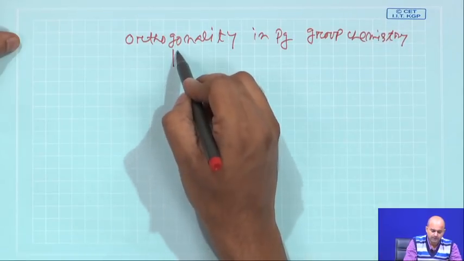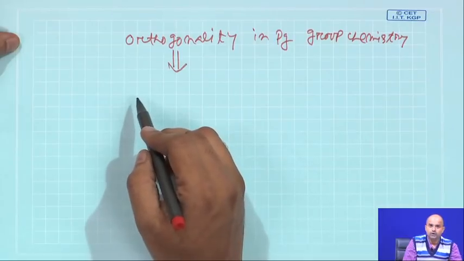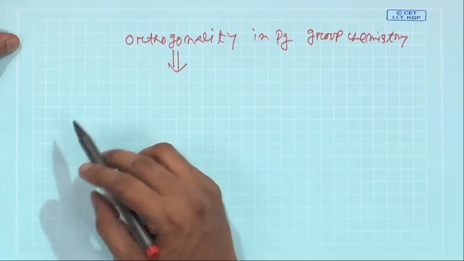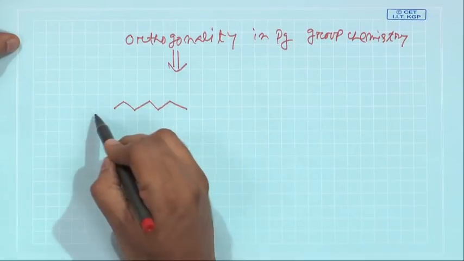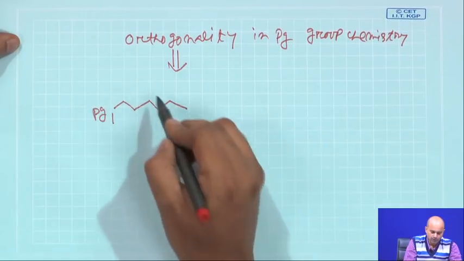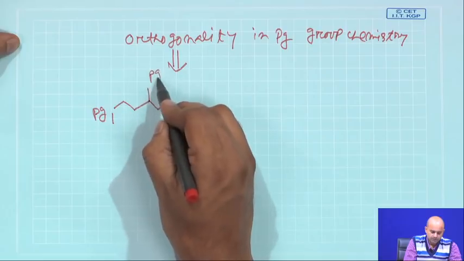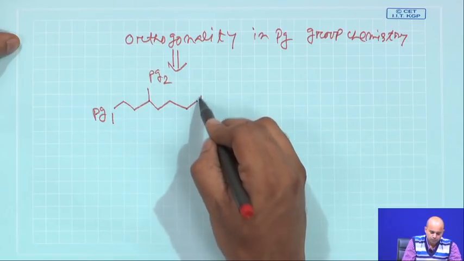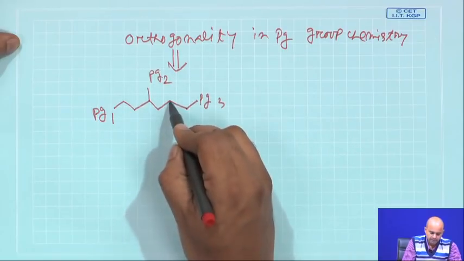This orthogonality basically means how you can manipulate different protecting groups. Let us say you have several protection groups in the molecule, PG1, PG2, PG3, PG4.